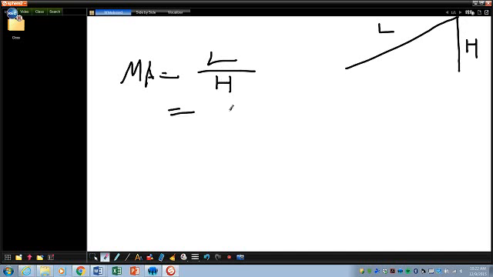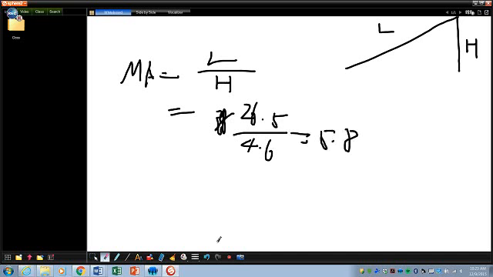So in this case, it'd be 26.5 divided by 4.6. You end up getting around 5.8. That's your mechanical advantage for number 2.